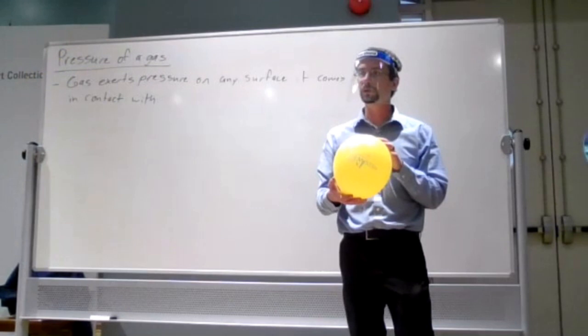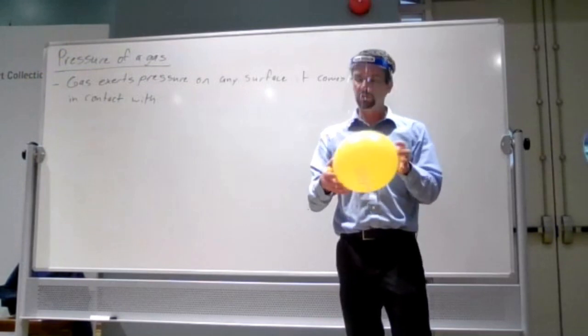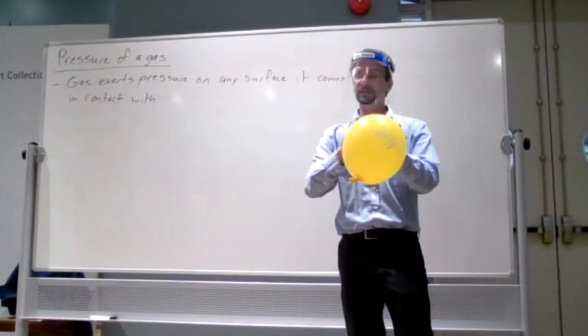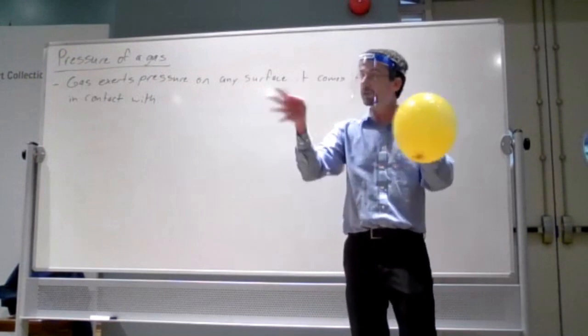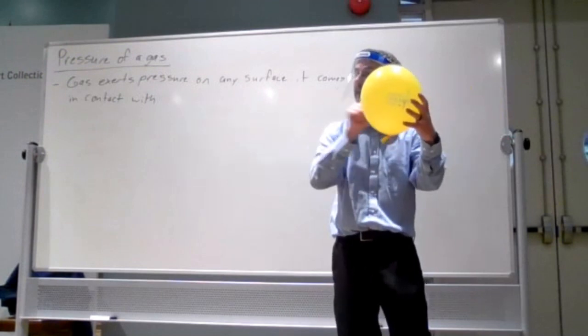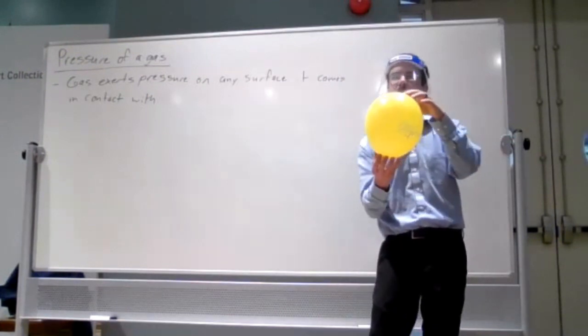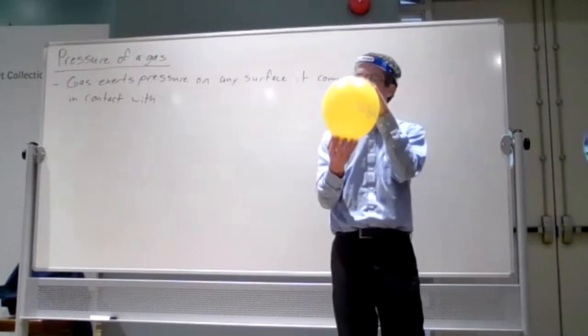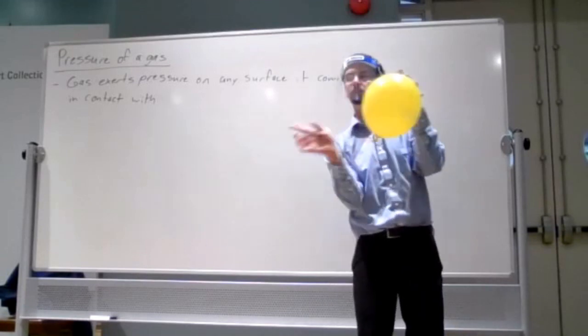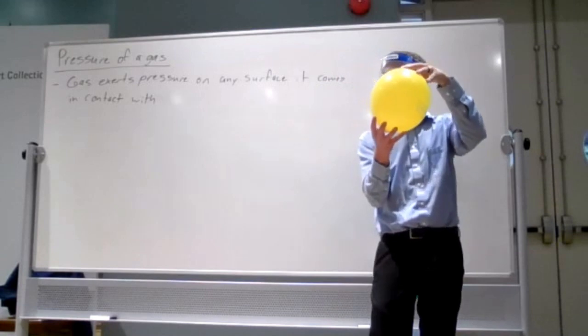Yeah, we have gas, right? So what's happening is the particles on the inside of this balloon keep hitting the walls of this balloon. They're fighting against the particles that are smacking on the outside. So which ones would you say are winning right now? The ones on the inside or the ones on the outside of the balloon? The inside. They're pushing back more. That's why they've expanded out further.